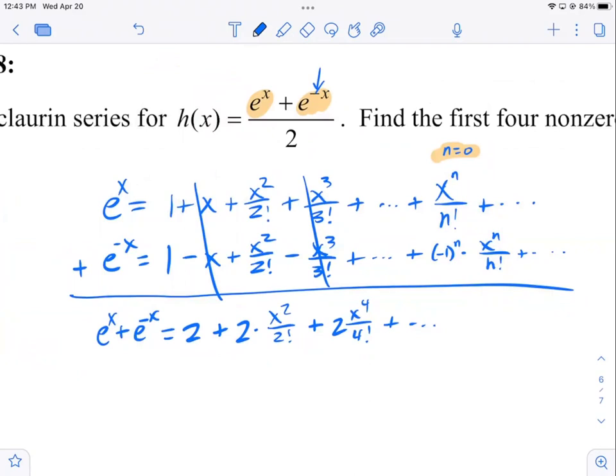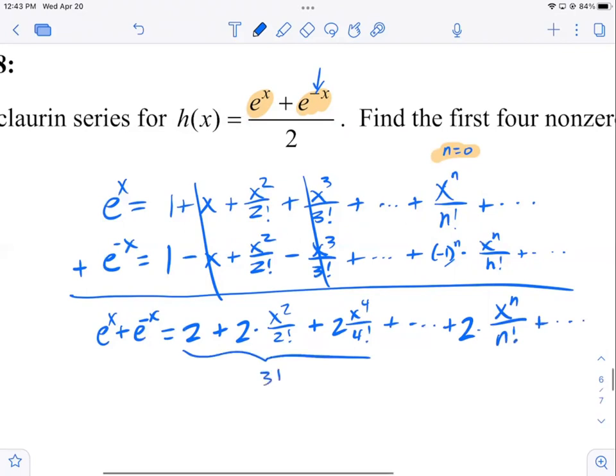Well, I notice here that when I add them together, all the negative terms are gone. So when I add them together, the alternator could be gone. So it'd just be 2 x to the n over n factorial plus ... Now I notice here I only have 3 terms. That's okay. It's not my final thing. If I wanted to add another term there, I could.